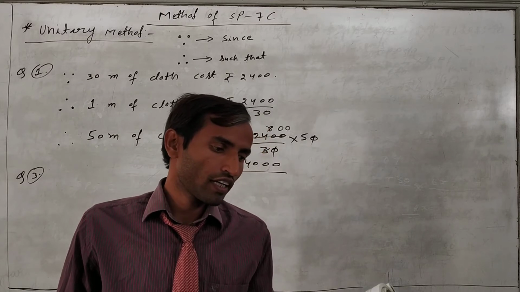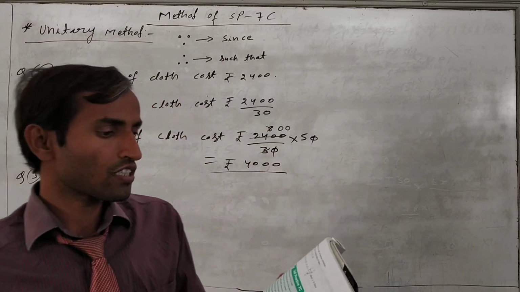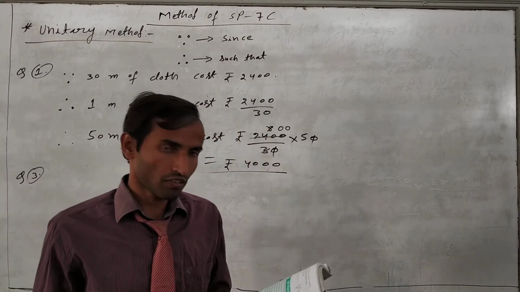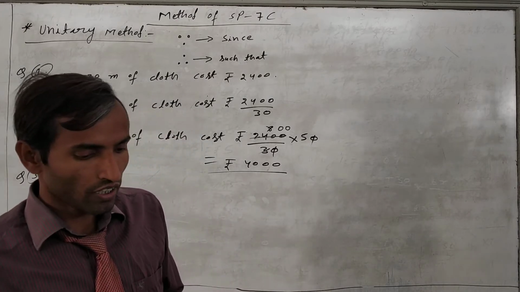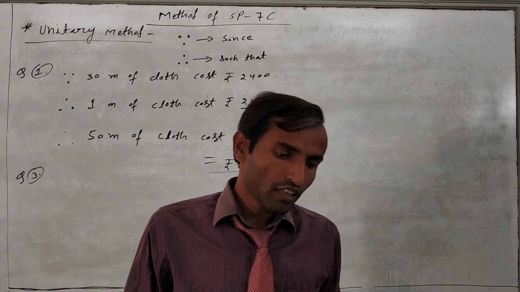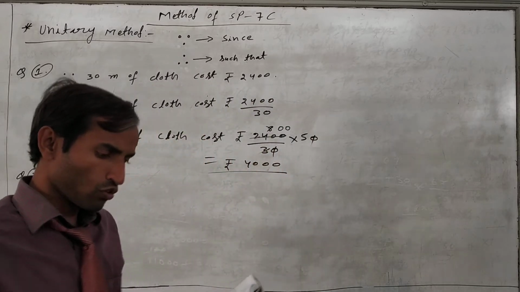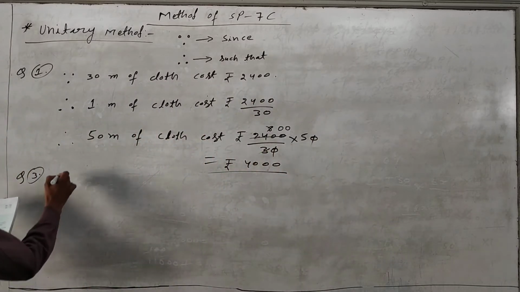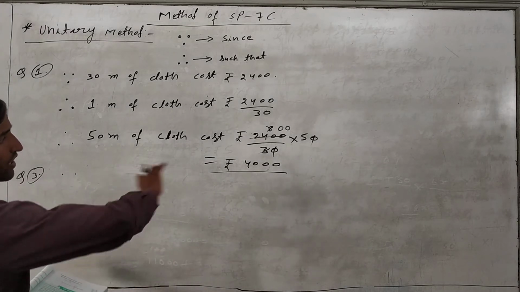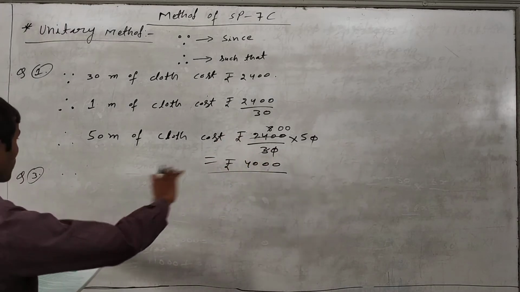744 articles at the rate of rupees 60.25 a dozen. Means in this question the cost of a dozen articles is given, 60.25 rupees. So we will write it down like this. Again we have to find the cost, so the cost we will write in the RHS part.